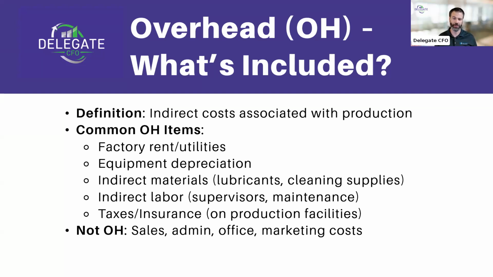Especially if you have a larger plant, you probably have one, two, three people in maintenance whose job is going around making sure that machines run, fixing down machines, etc. Well, they are part of keeping that product moving, so they are a cost of goods sold, but you can't allocate their salaries to each individual product. So it's important that you understand what your overhead is and get it built into your cost of goods sold.